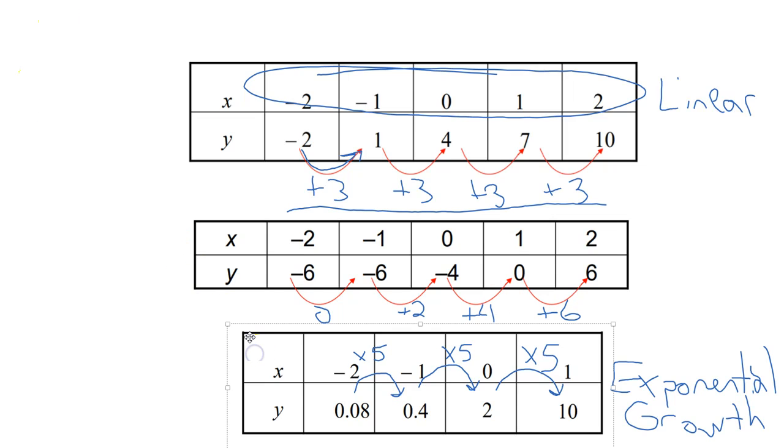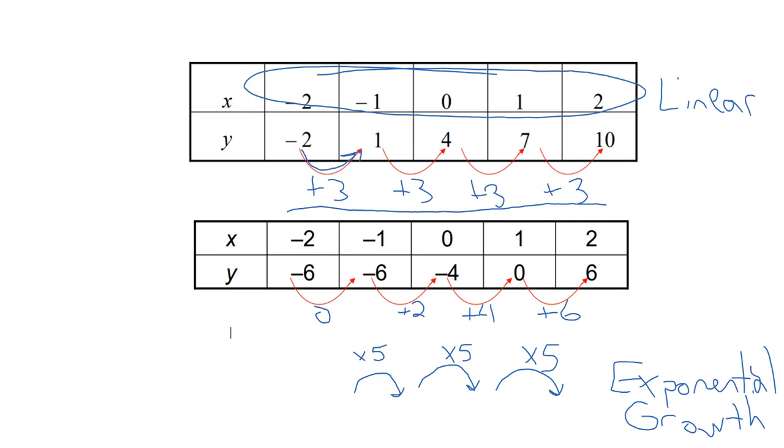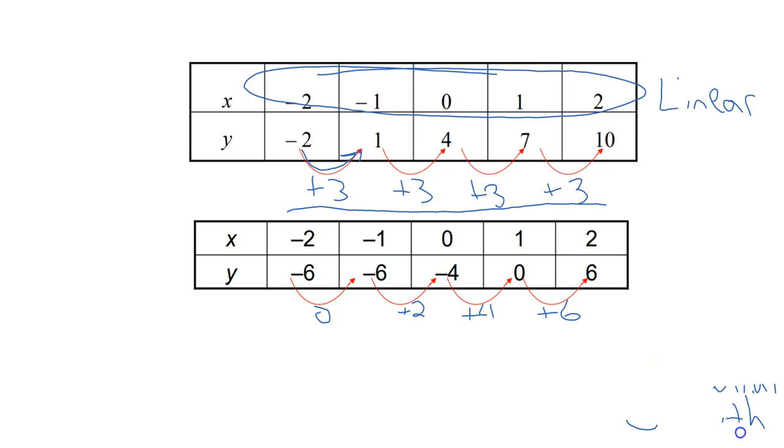Now, if I get rid of this real quick, and I erase these, we're going to look at the second difference of these numbers, because the first difference is changing each and every time. So we go from +0 to +2 to +4 to +6.